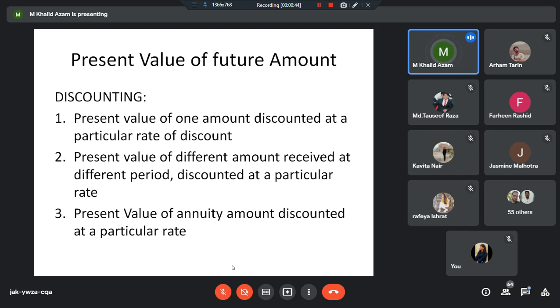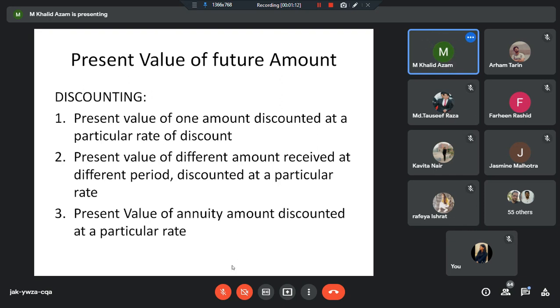The basic condition is that when you are going to invest in a long-term project or you are going to buy any financial asset which is giving you return over a period of time, you are interested in knowing how much is the real value of this particular amount which I am getting in future, so that you will be in a position to compare the two and then decide whether you should go for the acquisition of that particular asset or not.